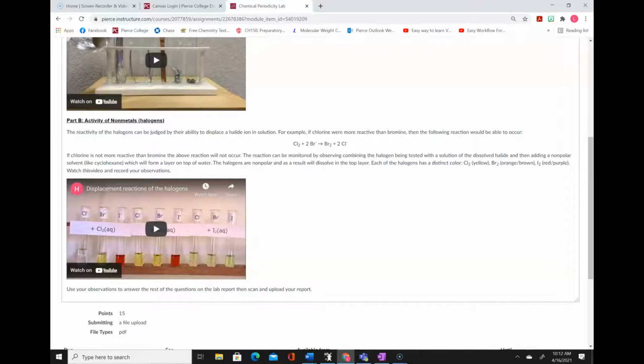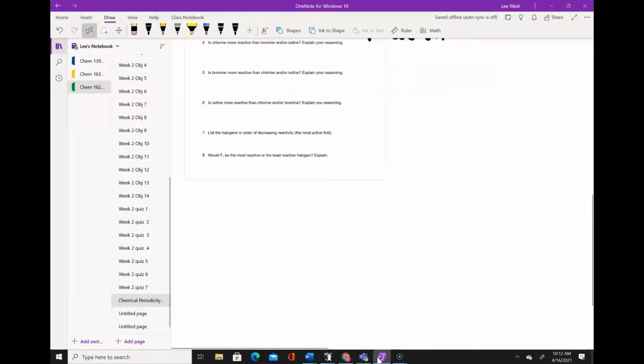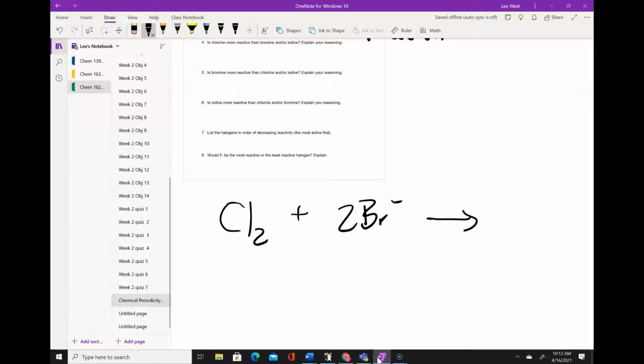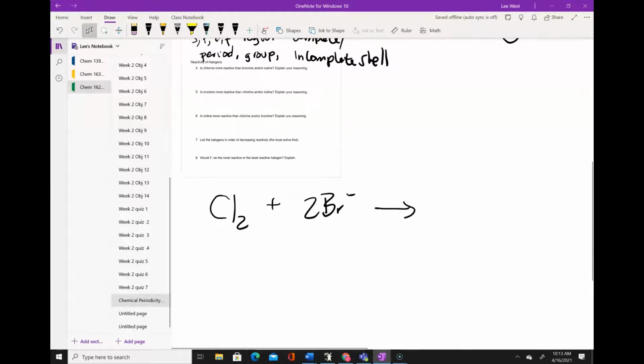And so what's going to happen is, I'll just flip over, you're going to, in every case, react a halogen, in this case chlorine, with a halide ion, in this case bromide. And these guys are going to kind of fight over these 2 extra electrons here, these 2 negative charges.